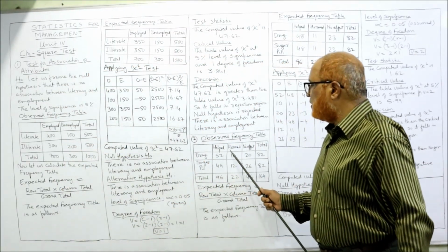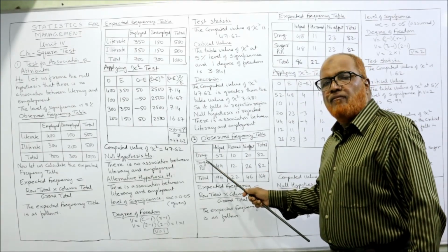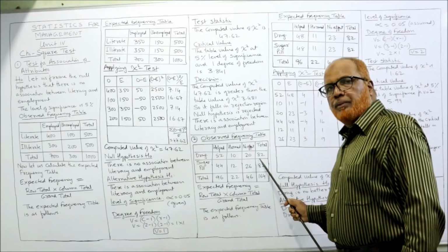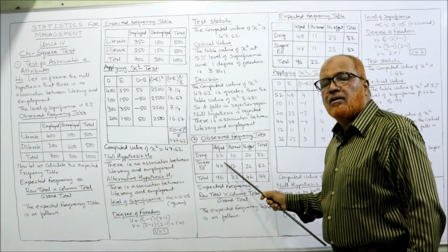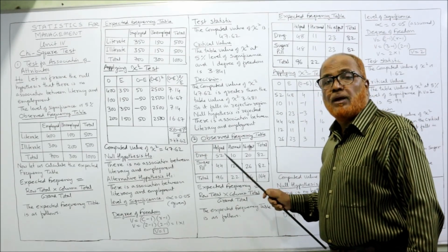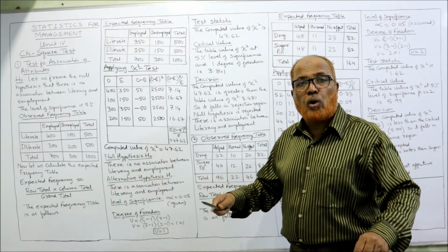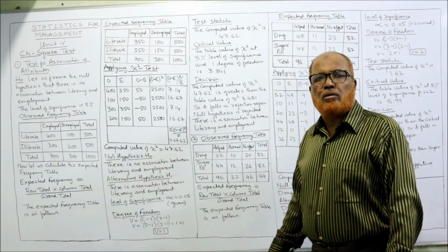Helped, harmed, no effect, total. For drug, when the drug is given to 82 people, 52 helped. Helped means the cold was cured. And 10 harmed, that means after giving the drug, the cold has increased. And 20 people, no effect at all.